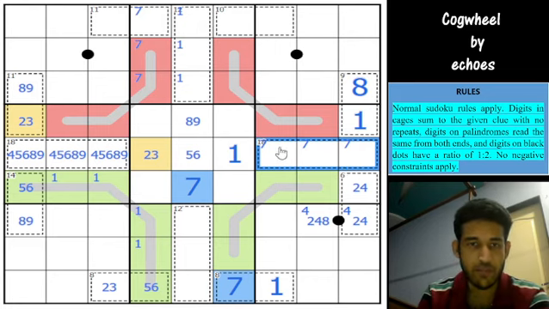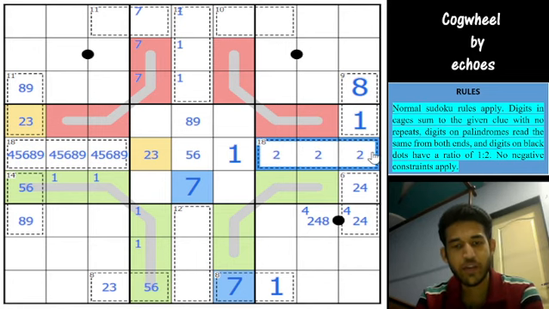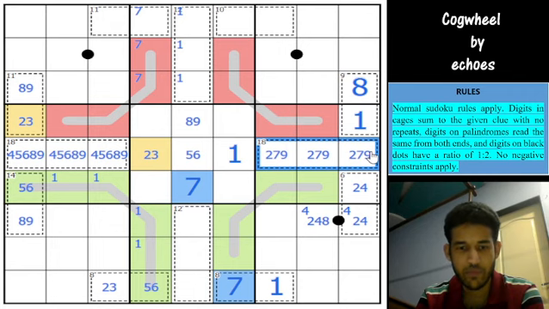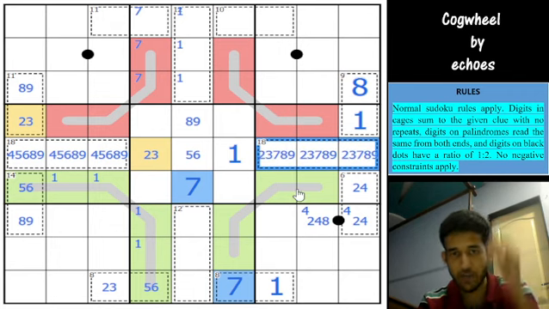Okay, let me just mark those in. So it's going to be either 279, since we eliminated 5 and 6, or 387. Okay, so I marked all those.